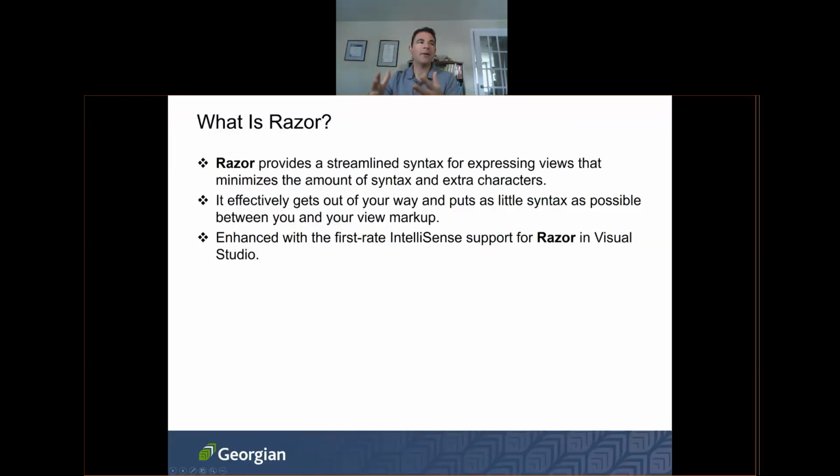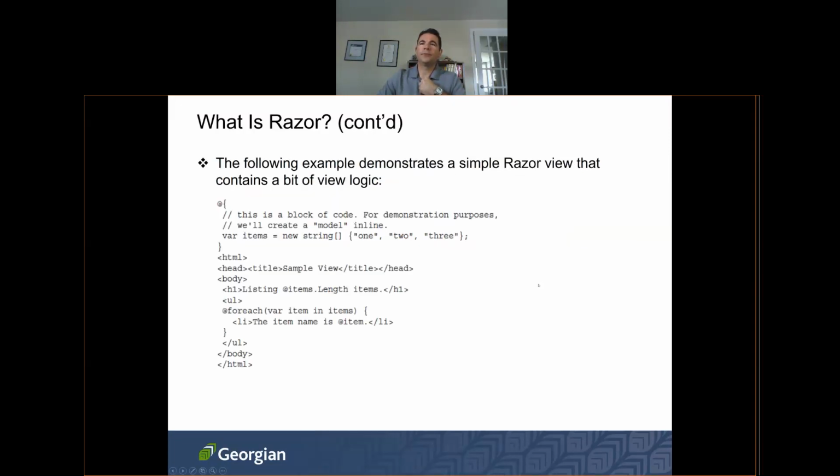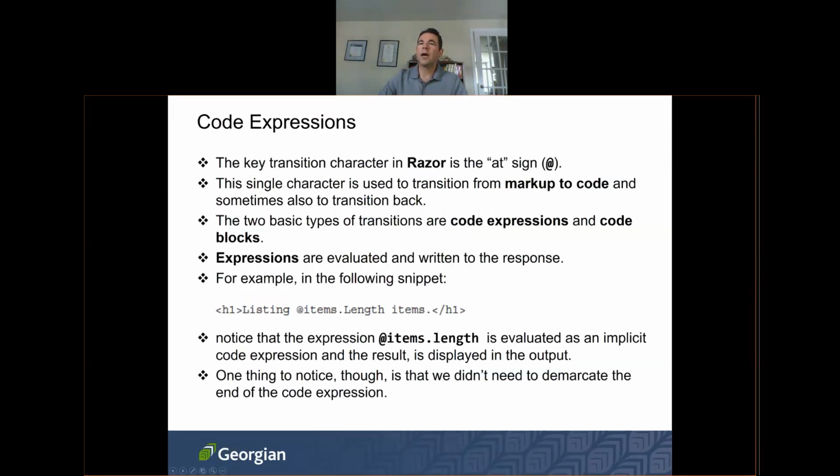So the idea is Razor's supposed to give us a really lightweight syntax for mixing HTML and our server-side code, but our code's much more readable than PHP. We also get IntelliSense support, so we get code hinting through this. So any time we want to show server-side code, we're going to use that @ symbol.